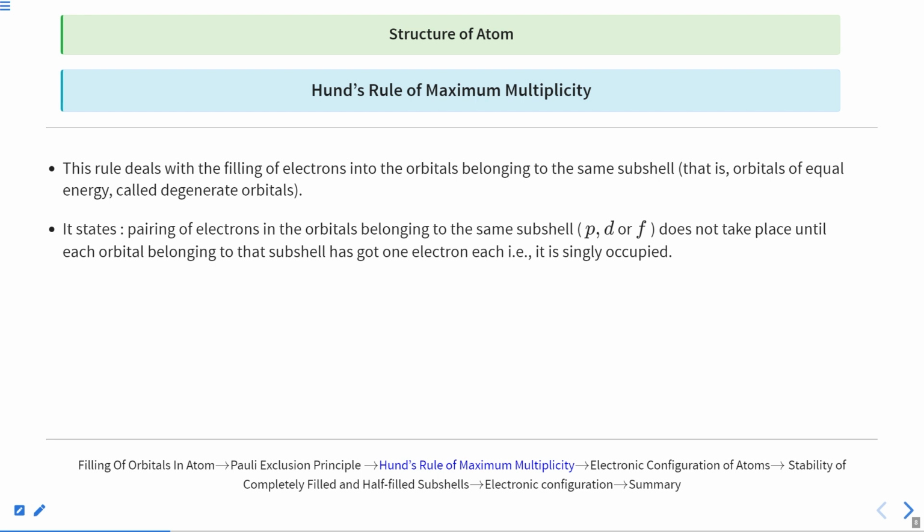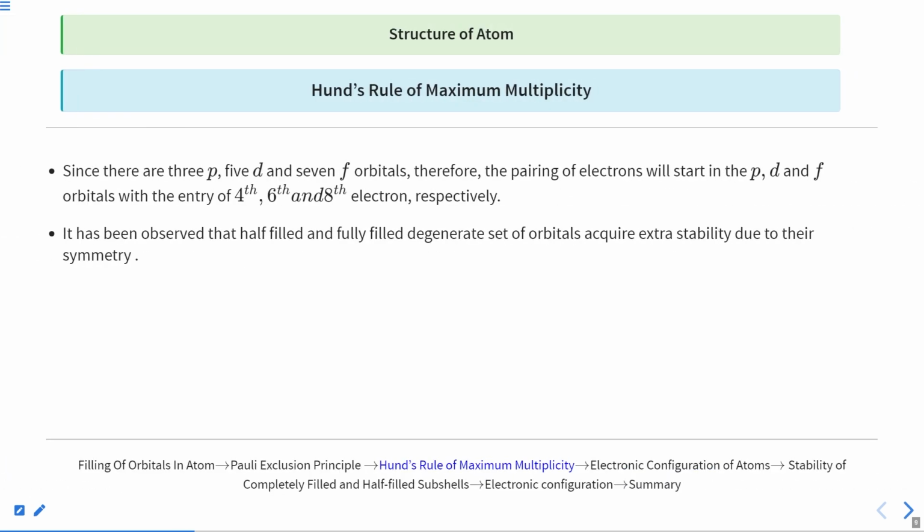If you have to fill a subshell, you will start filling it singly first, and after some time you have to put the second one. Once the subshell is half filled, then we start pairing those electrons. So we are talking about one subshell. Clear?